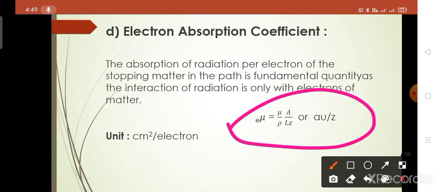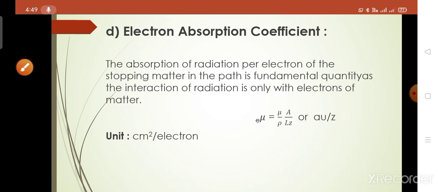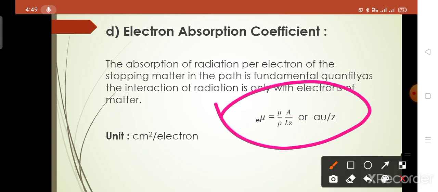This is the same formula as the atomic absorption coefficient, but here Z is given, so the formula is changed.